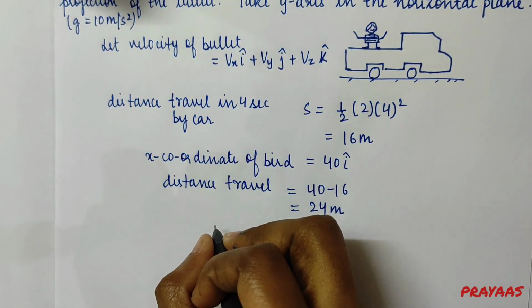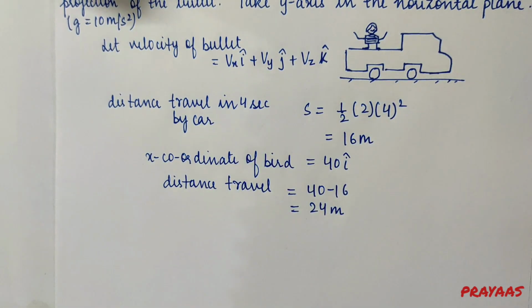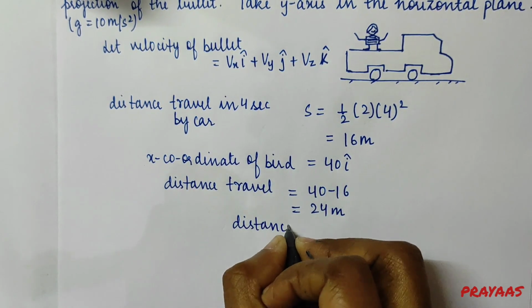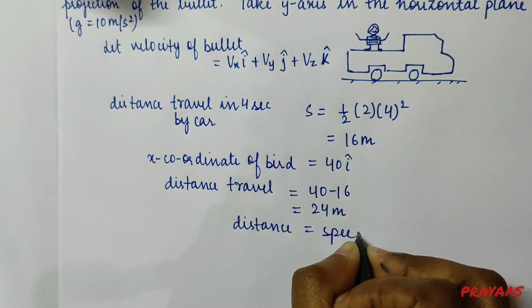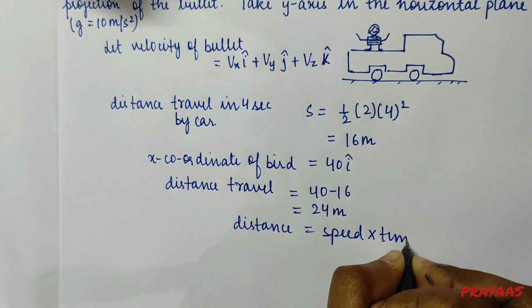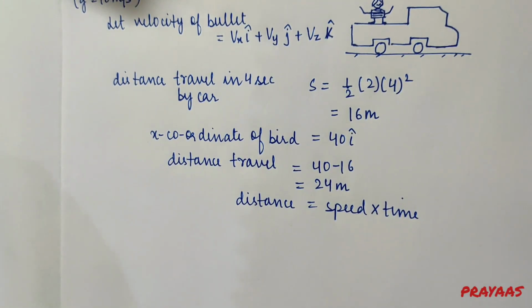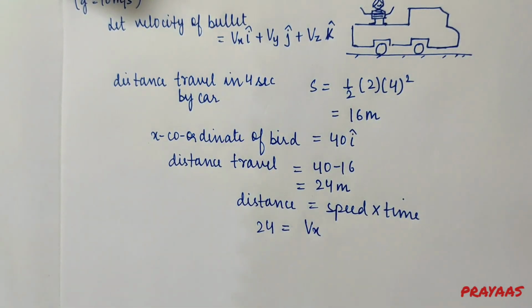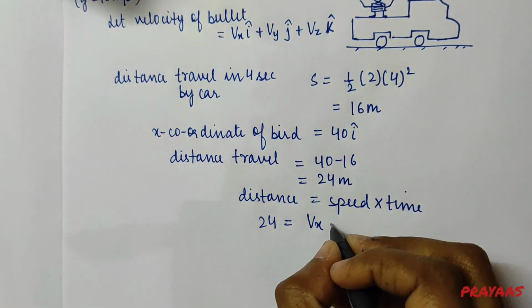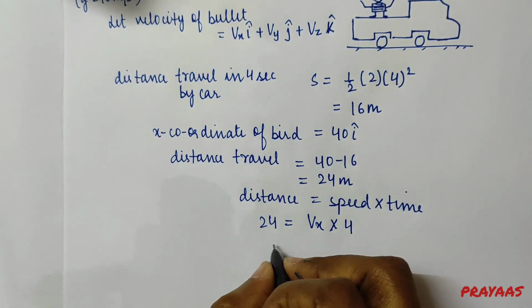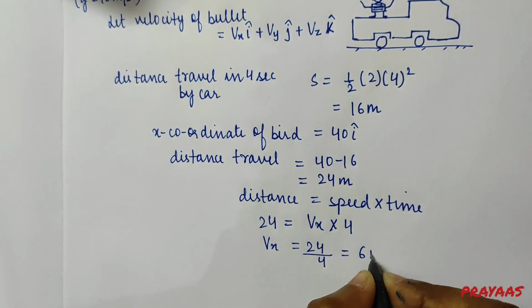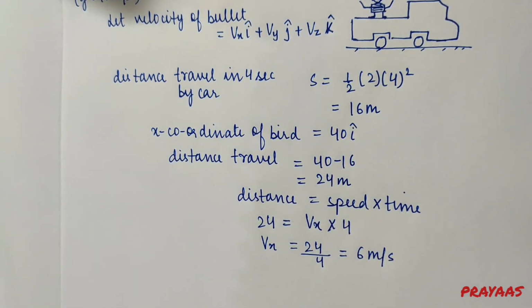So for finding the velocity in x direction, I am going to simply do distance equals speed into time. Distance is 24 meter, speed is Vx, that is the velocity in x direction, time taken is 4 seconds. So Vx will be 24 by 4, that is 6 meters per second.